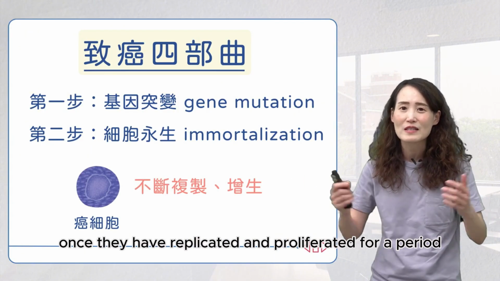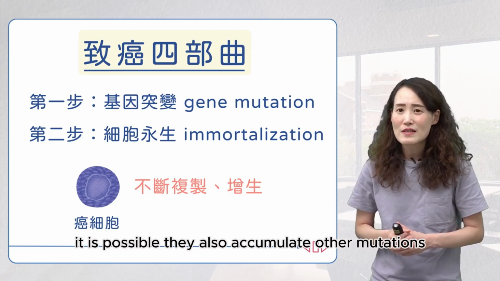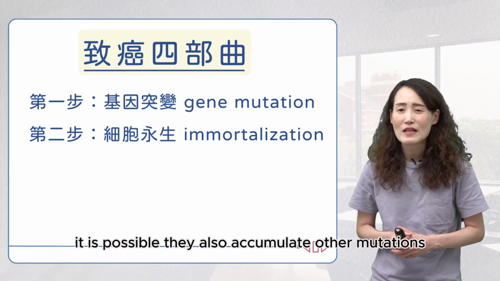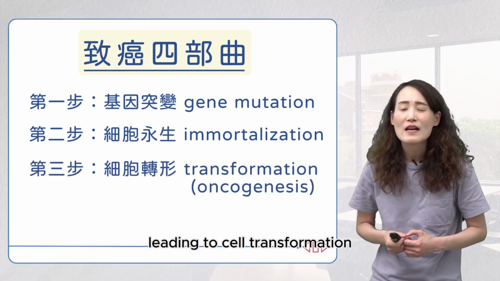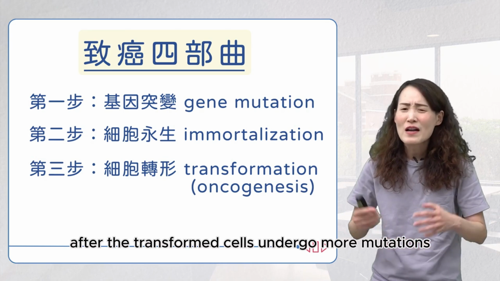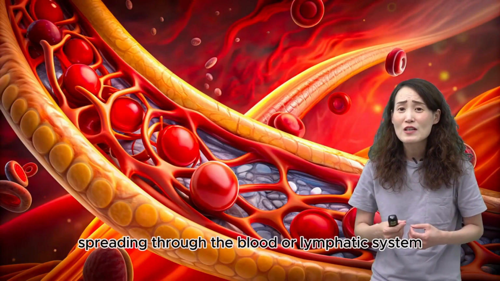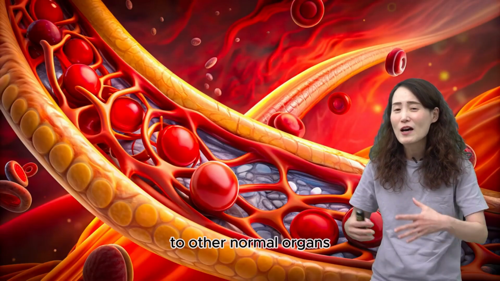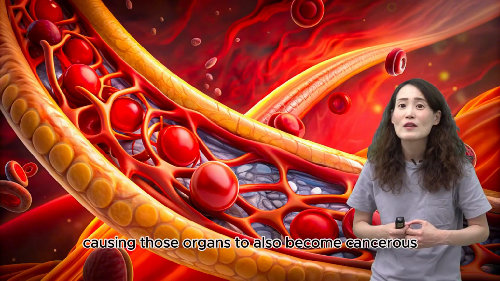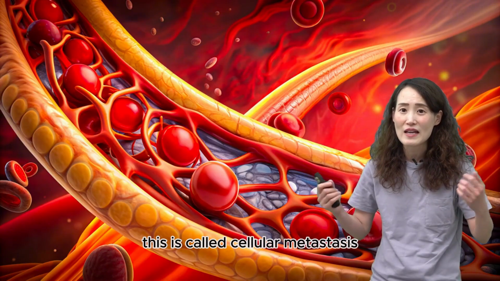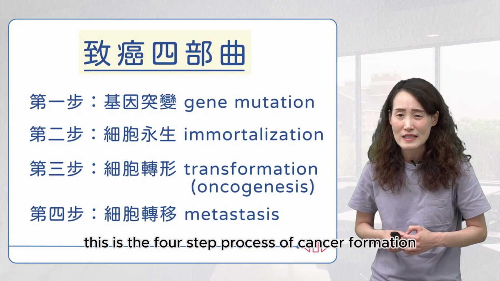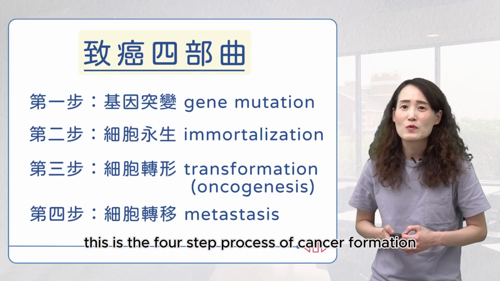Once they have replicated and proliferated for a period, it is possible they also accumulate other mutations, leading to cell transformation. After the transformed cells undergo more mutations, they may also develop new blood vessels, spreading through the blood or lymphatic system to other normal organs, causing those organs to also become cancerous. This is called cellular metastasis. This is the 4-step process of cancer formation.